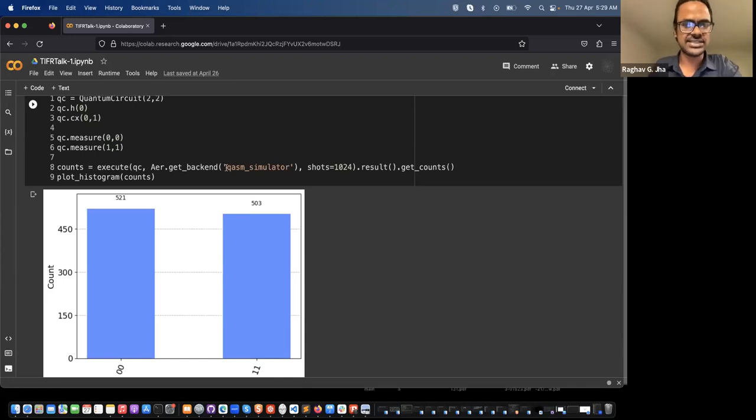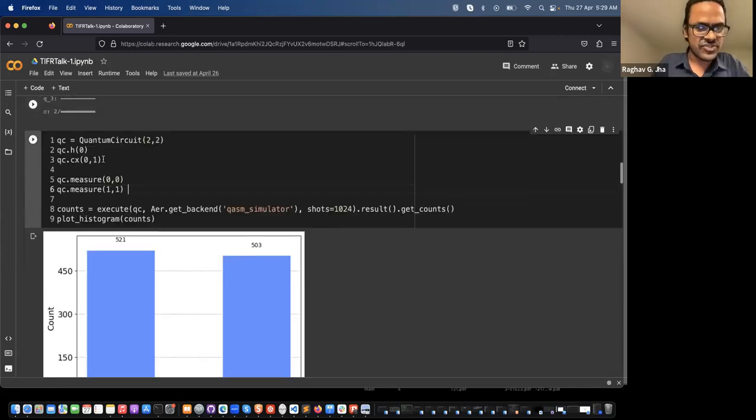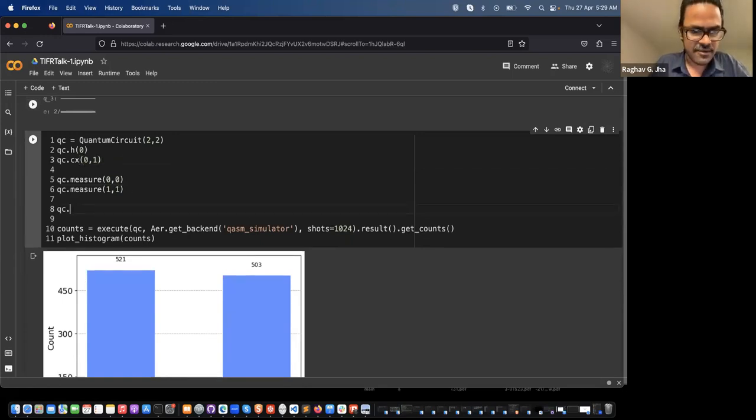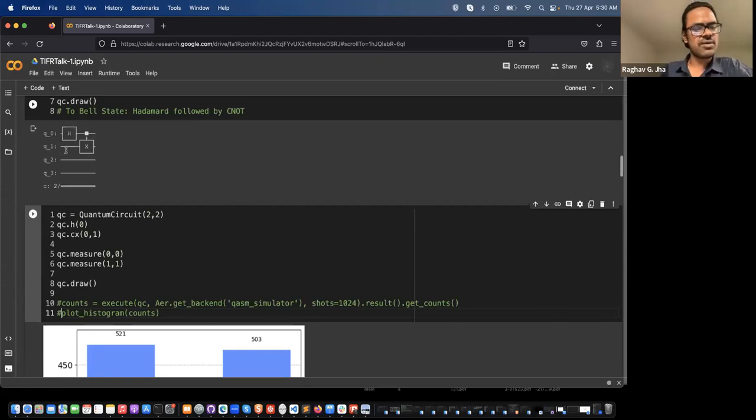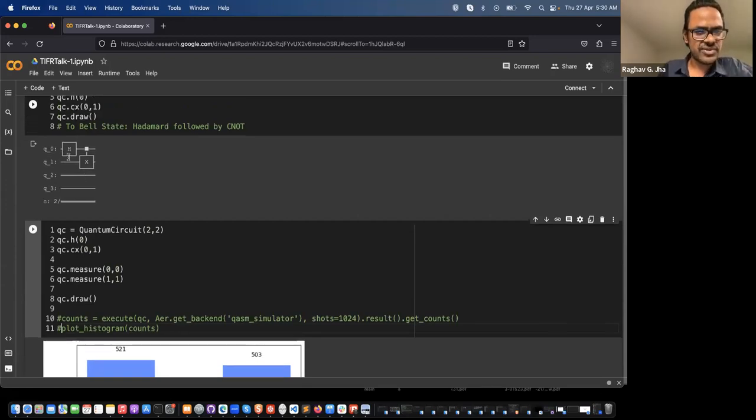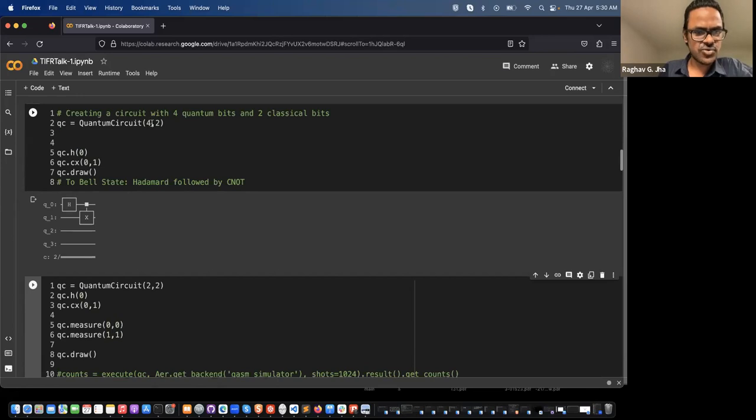It is creating this state, which is a Bell state, and this is how we see it. So let's just draw this. We can use the circuit to draw this, and it'll give you a circuit like this. There are 4 quantum bits I have initialized here, 4 and 2.